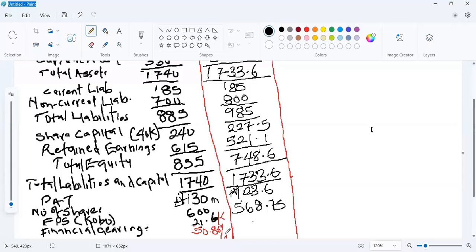New earnings per share: profit after tax 123.6 divided by number of ordinary shares 568.75.